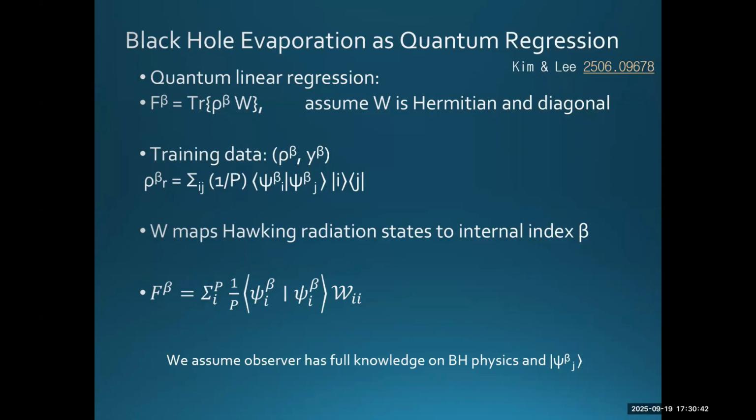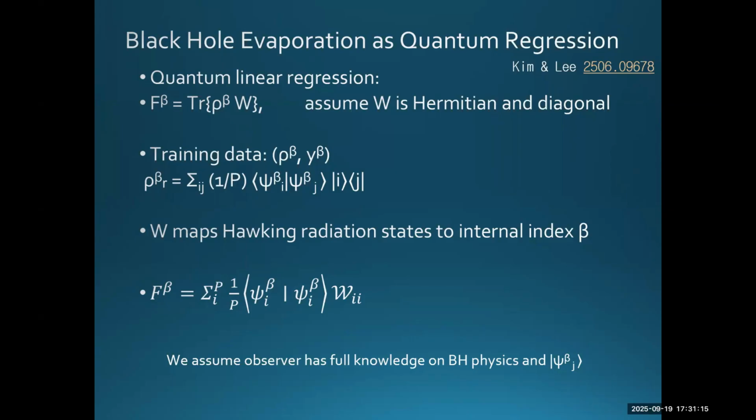So you are given this training data, and to find W, you can change W. In a sense, W maps the Hawking radiation state to the internal index beta.